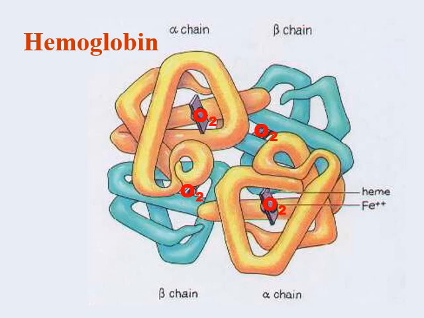To function, hemoglobin has to have this particular conformation. One reason why hemoglobin is found inside the red blood cell is that the red blood cell provides an environment that is hospitable for hemoglobin to maintain its shape and therefore maintain its function.